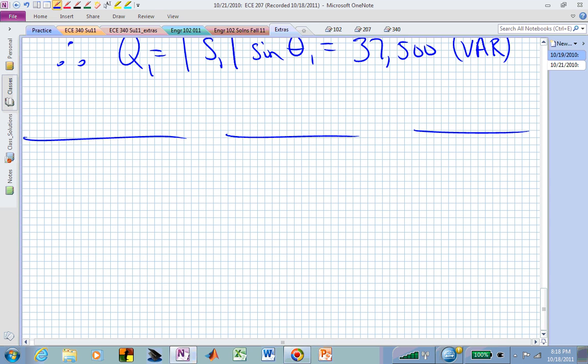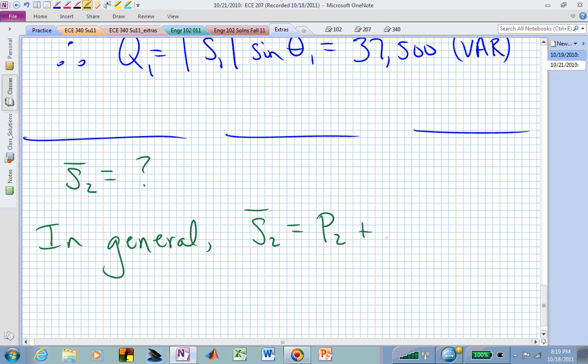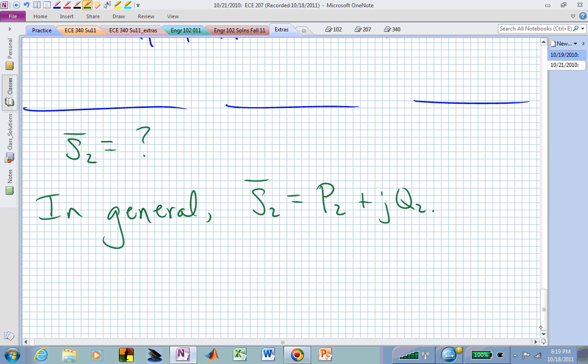Let's now consider load 2, which has a complex power, which we can define as S sub 2. And in general, for a general load, S2 consists of some real power and some reactive power.